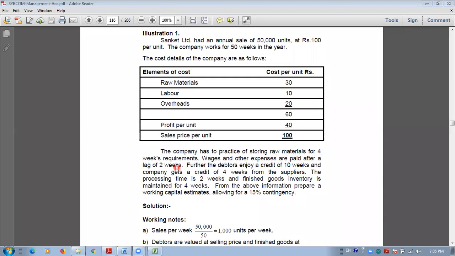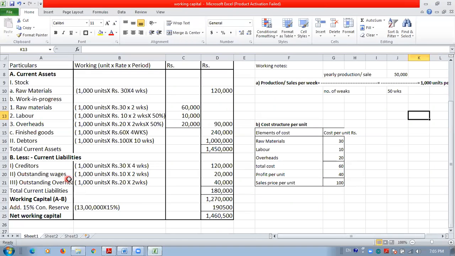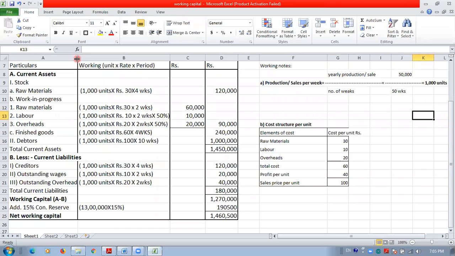So this gap in payment of wages and overheads is 2 weeks. That's why we consider here 2 weeks outstanding wages, 2 weeks outstanding overheads, right? So it is written and we calculated those things. It is 20,000 and 40,000 outstanding wages and overheads respectively.